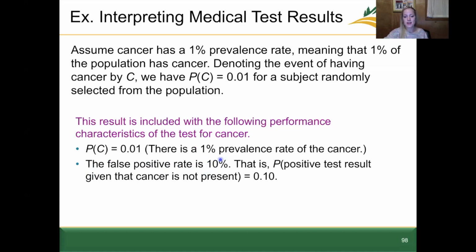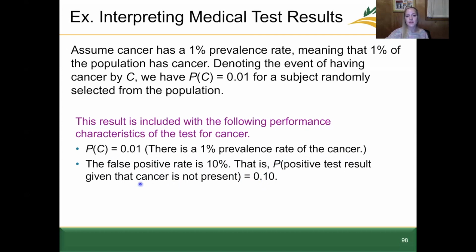One thing you should be getting used to now is seeing percentages and automatically converting them into non-percent numbers. So given this information, it's saying the probability of a positive test result given that cancer is not present, so this false positive, is 0.10. We took 10%, we divided by 100.